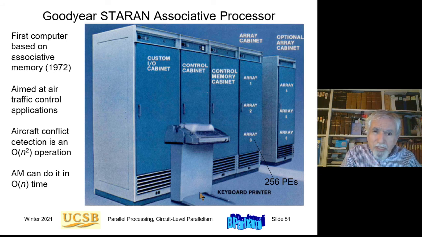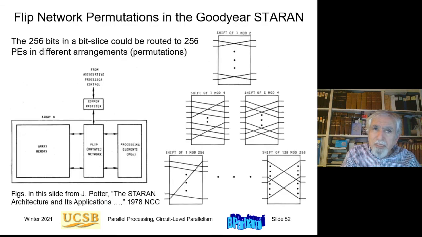So we need order n squared operations. Now with an associative processor, we need order n operations because one aircraft's data can be compared in parallel to the data from all other aircraft. So this was the intended application of this associative device.